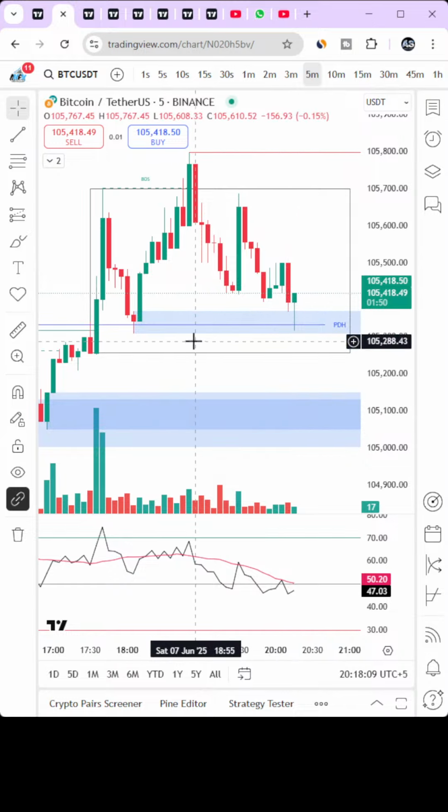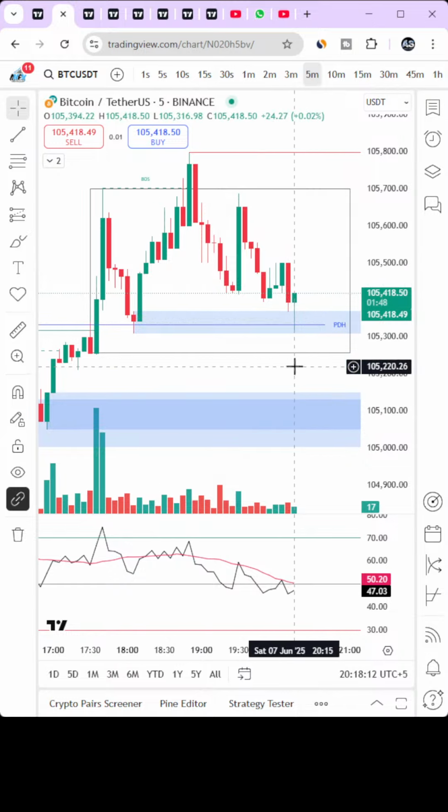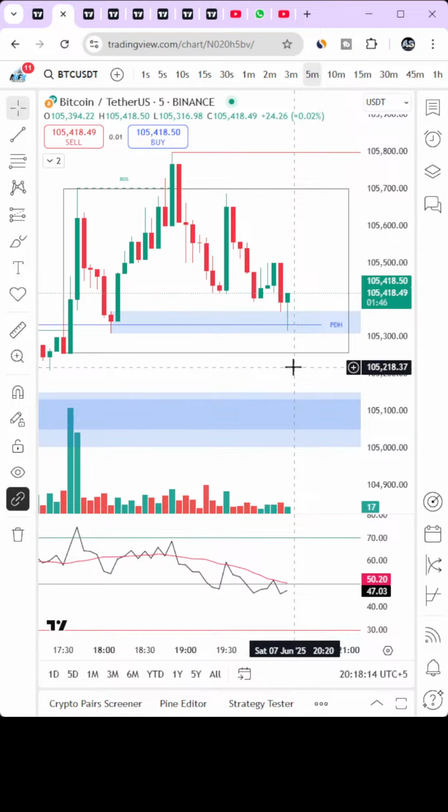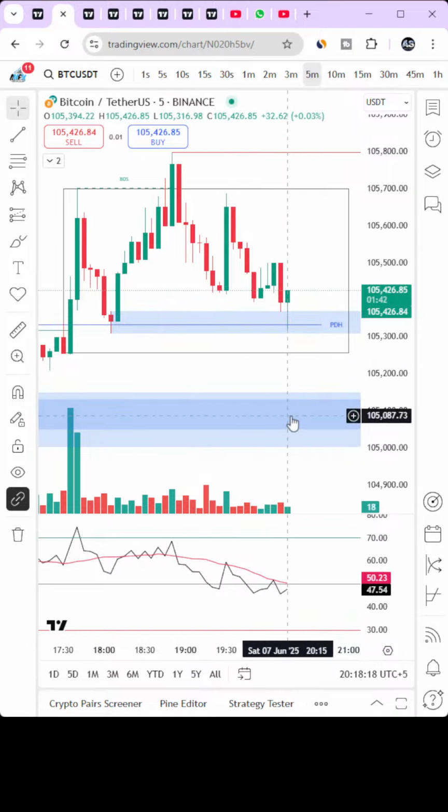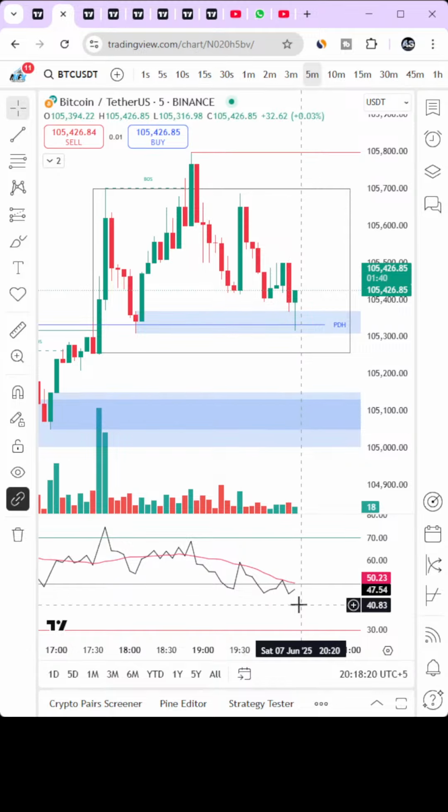Market reached this 5 minutes order block and is trying to move up, but we have to see the evidence here.